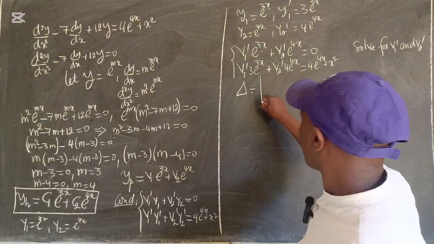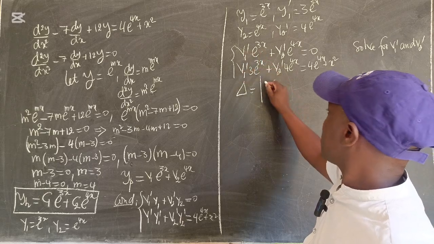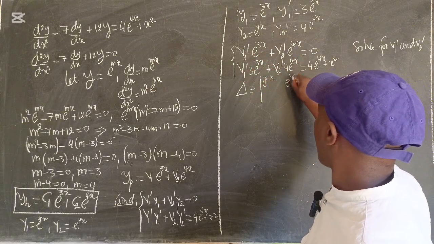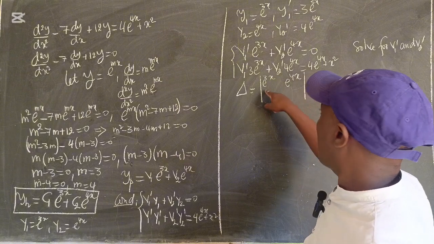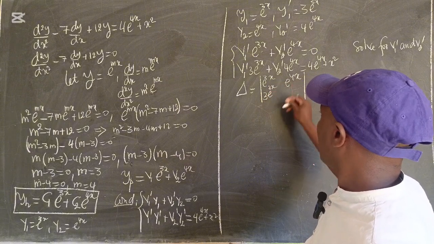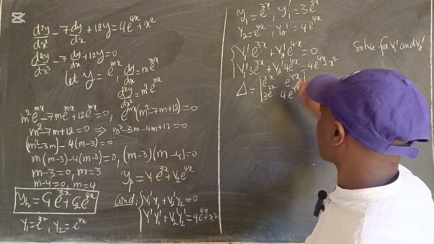The discriminant is, we let the coefficients of v1 prime be exponential of 3x, here exponential of 4x, and here are their derivatives, 3 exponential of 3x and 4 times exponential of 4x.